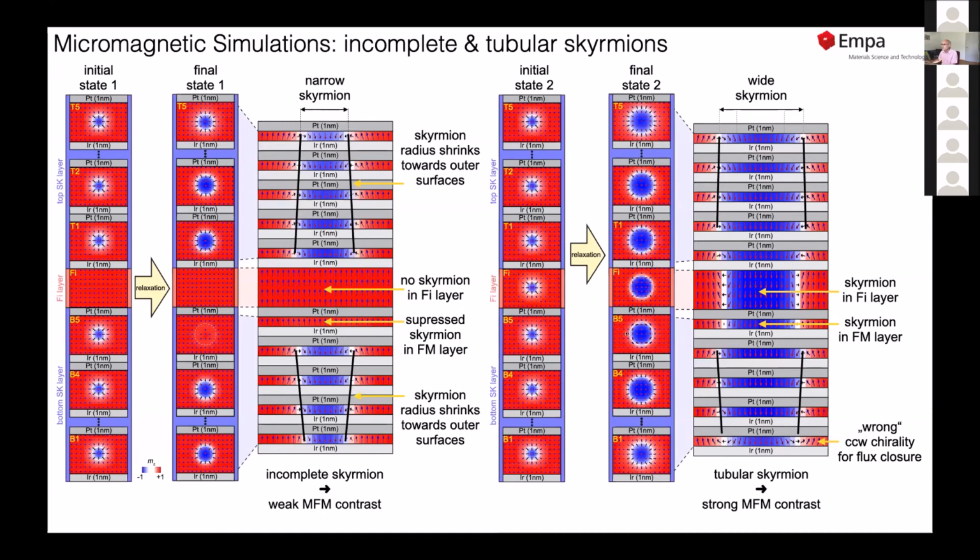So here, you see the radius is much larger than we had it over here, which of course will explain the much stronger MFM contrast. Now, notably, the chirality of the bottom layer, which was clockwise here, has changed and becomes counterclockwise. And we attribute this to the flux closure here, which lowers the magnetostatic energy. And the flux closure just doesn't happen here because the skyrmion is so small, and that external field is small anyway because of the small size.